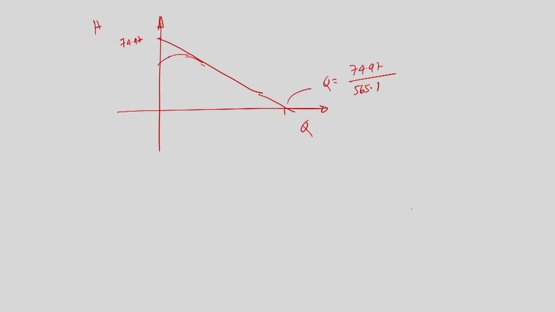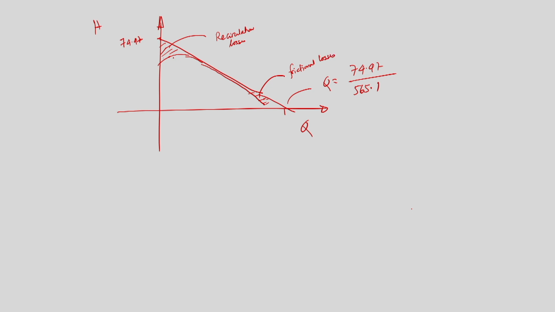The actual curve will be like this. Here we will have some losses, and also here we will have some losses at the delivery side. This is the loss on the suction side because of recirculation, and here we also have frictional or separation losses at the delivery side.